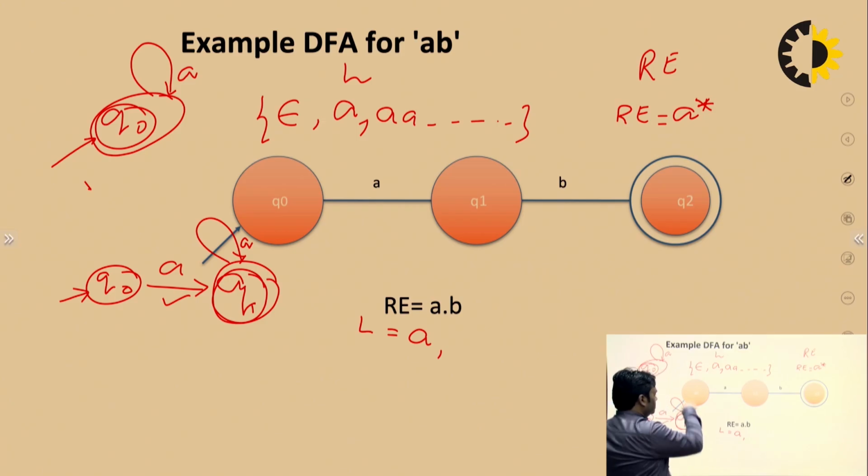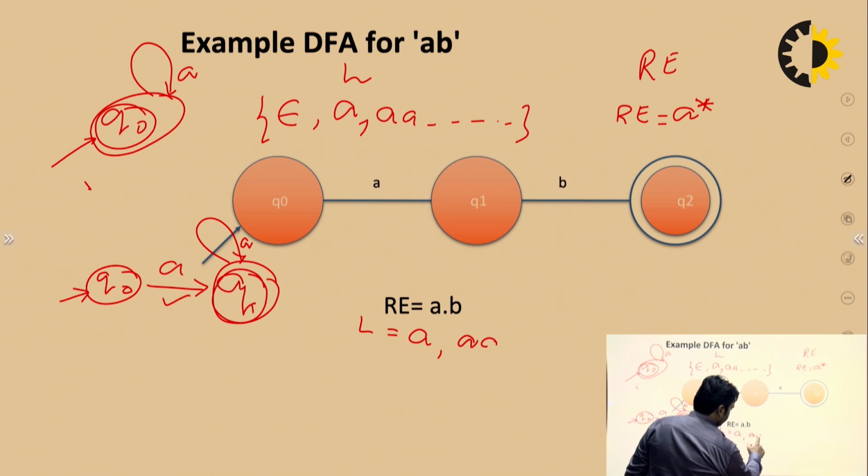This A is considered as a loop, and it gives the occurrences of A. If the occurrence of A is 0, then epsilon is accepted. If the occurrence of A is 1, then the string A is accepted, and so on.